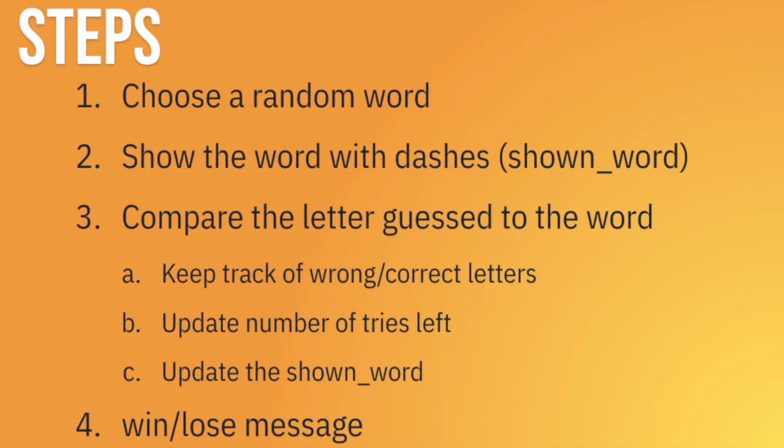And so with this process, we'll keep track of wrong and correct letters, we'll update the number of tries left, and update the shown word, which will be the word that's shown with dashes. And then we'll display a win-lose message depending on whether we, the user, can guess the correct word within 7 tries, which is the number of tries it takes to build a full hangman.